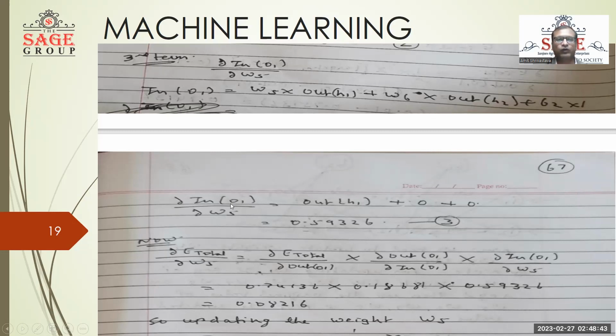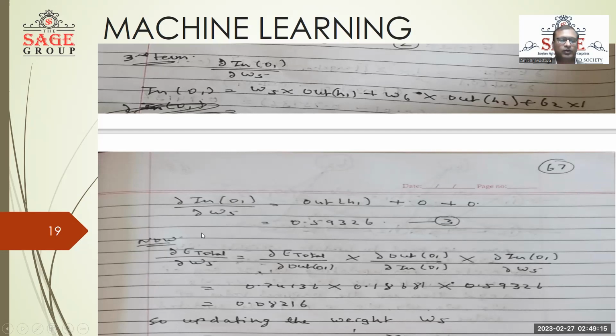So del in O1 upon del W5: when I partially differentiate this with W5, the output will be out H1, plus this out H2 will be treated as constant. So when I partially differentiate it with W5, it will become 0. And this bias is also a constant, so it will again become 0. So it means del in O1 upon del W5 is nothing but out H1. And out H1 we already know is 0.59326. So this is my third term.